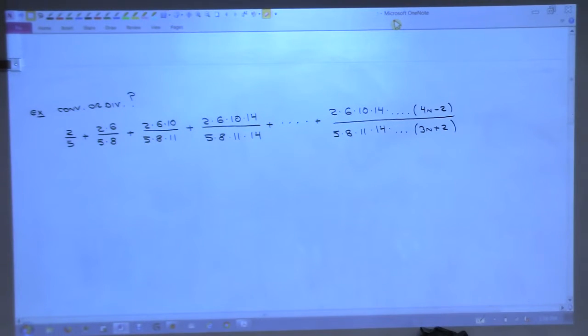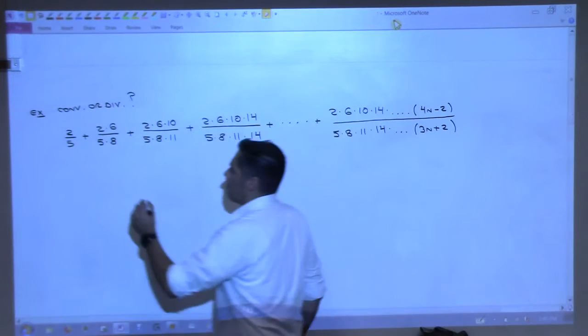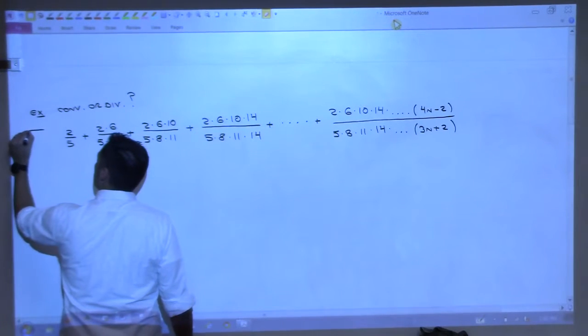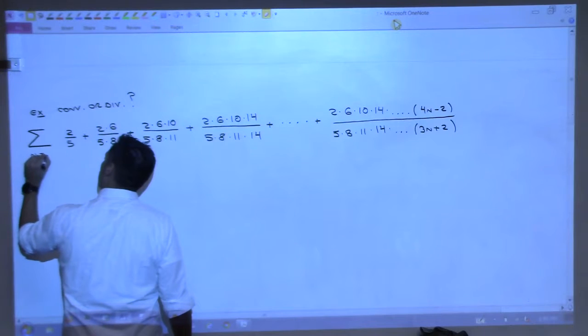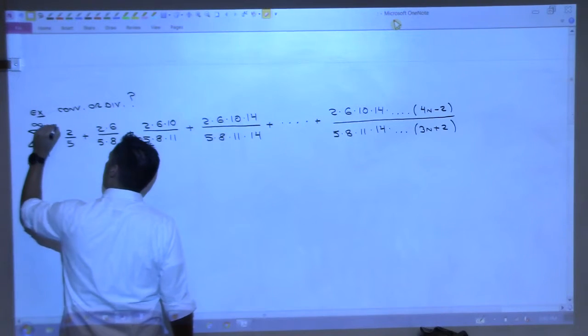Now, this is not it. I need one more thing. I know that already looks bad, right? I'm missing the summation out front. I want to see where I want to start this from. And we'll start at 1. In front of this, sum n equals 1 to infinity.